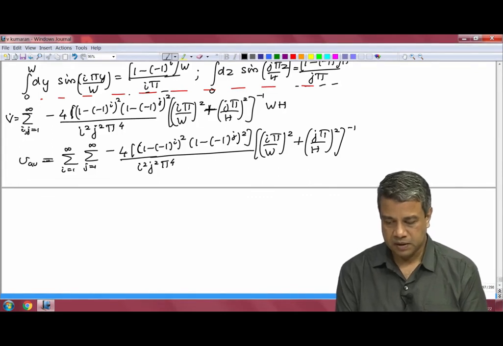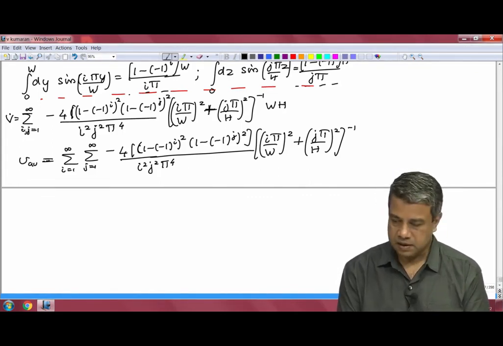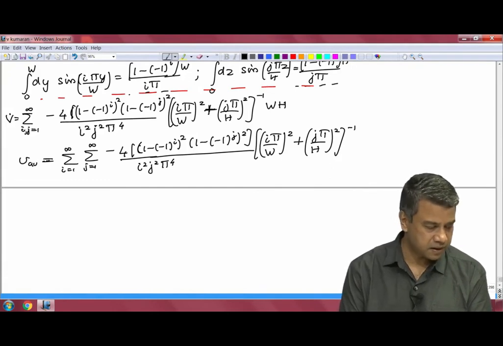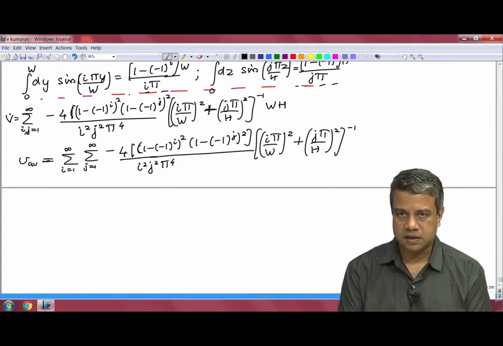So, that is the average velocity, and from this I have to get the friction factor as a function of the Reynolds number. I will continue this in the next lecture. I will see you then.